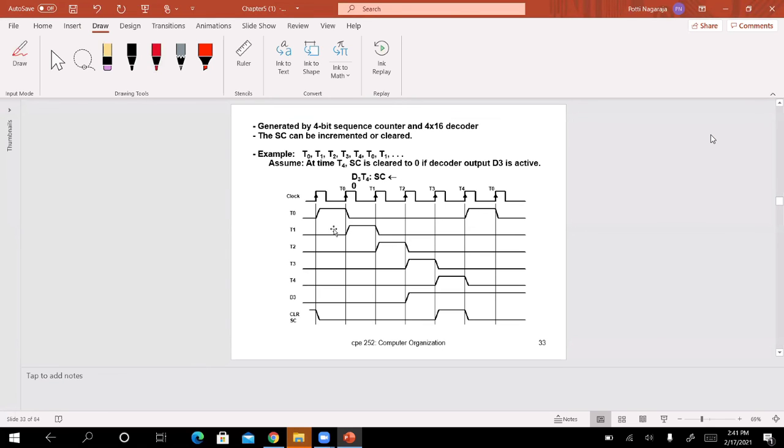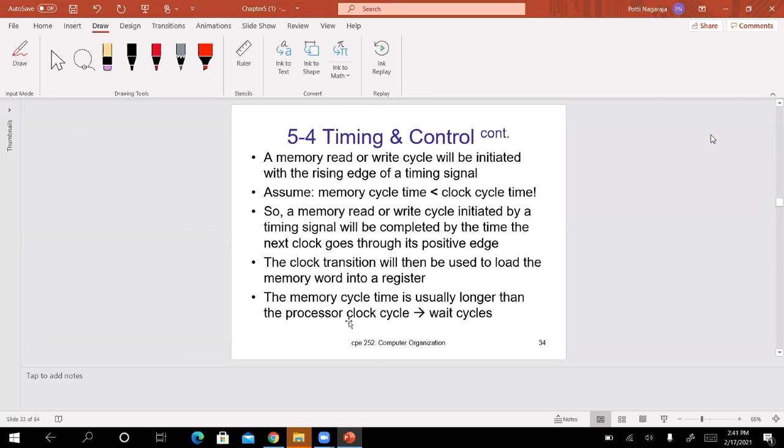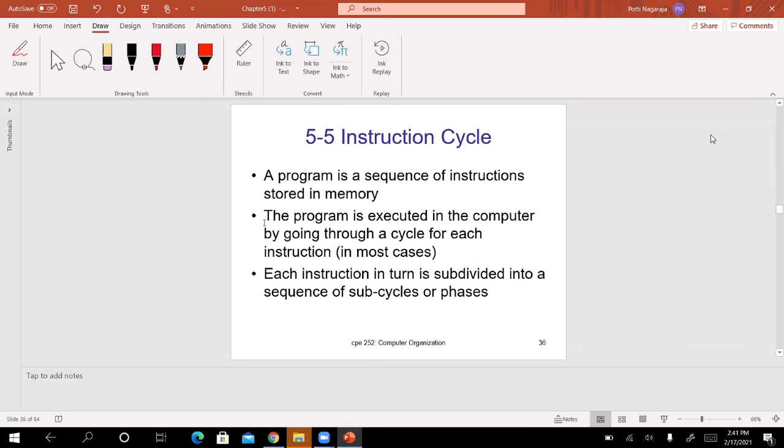Okay. Now here, whenever D3 is active and T4 is active, then we have to clear the sequence counter. I will explain it with respect to the time diagram. Okay. So go through this in the instructions. If any doubt, you can ask.